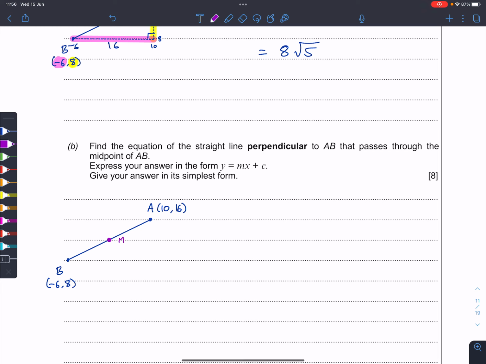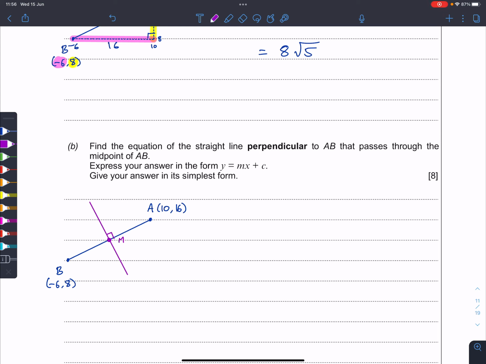Let's see if I can draw it. Okay, so it's going to be that line there. So straight away we can hopefully see that it's perpendicular, and it's going to have a negative gradient. So we've got a couple of things that we need.